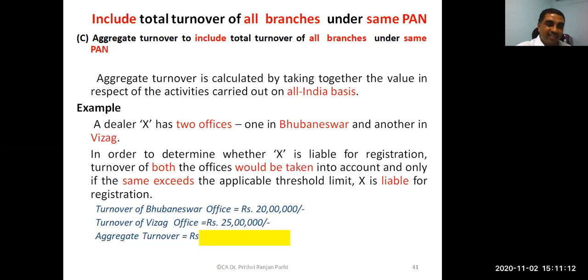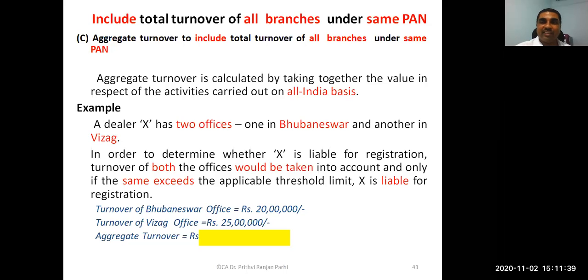Here you see this particular example. Let us say turnover of Bhubaneswar office is 20 lakh. Turnover of Vizag office is 25 lakh. What is aggregate turnover? Very simple question. 45 lakhs. Yes, 45 lakh is the aggregate turnover.